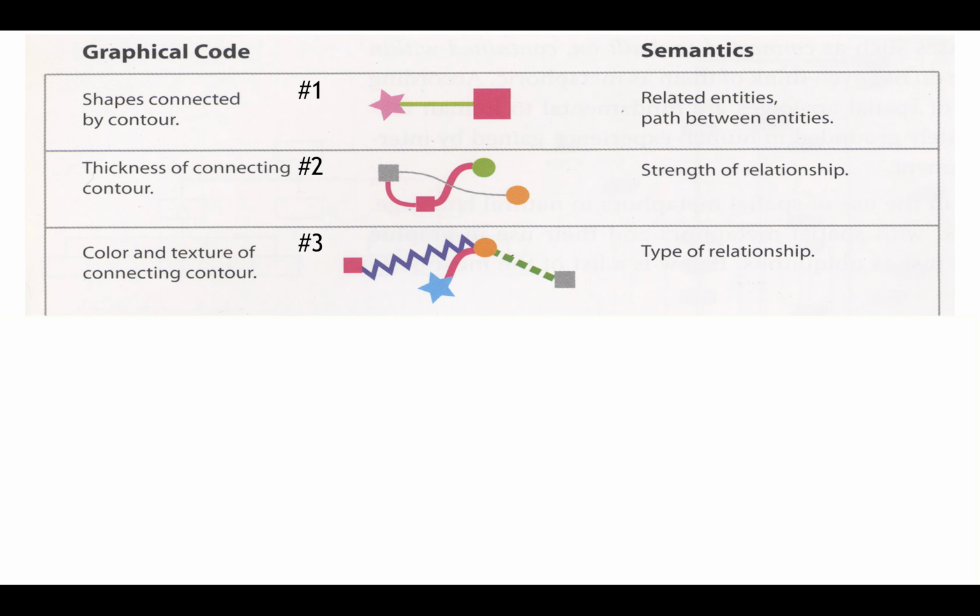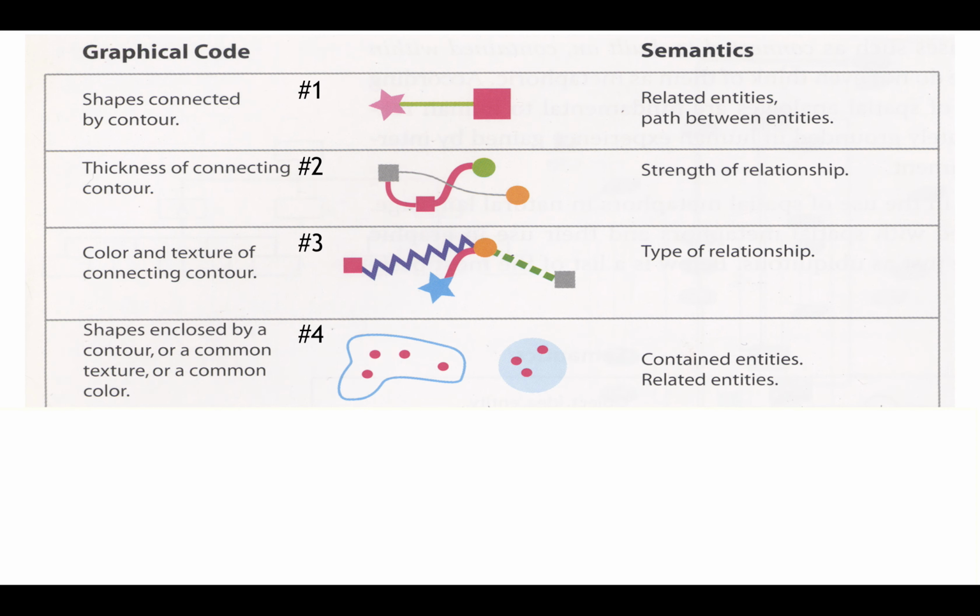It goes up, it goes down, which is slightly different than the orange ball and the gray square, where it's an on-off. Sometimes it's on, sometimes it's off, although it's direct. So again, these shapes show you the type of relationship.